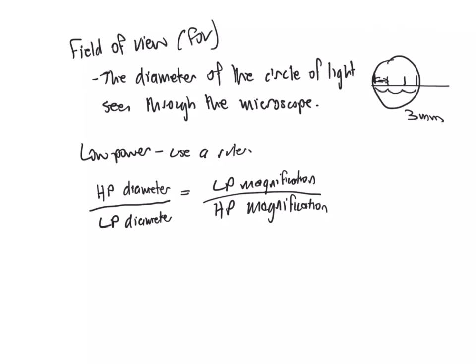Just like always, if we've only got one thing we don't know, then we can use a formula to work it out. So let's do a scenario here. We're working out high power diameter. Let's say our low power magnification was 40 times.